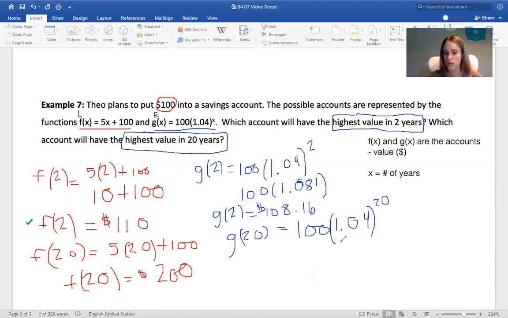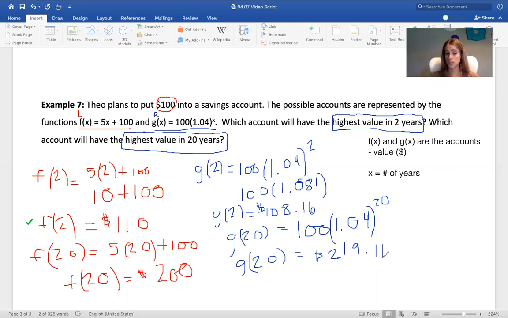All right, so 1 and 1/400 raised to the power of 20 approximately as a decimal is 2.191 thousandths. When I multiply that by 100, I get g of 20 is equal to $219. And then if I round, 11 cents.